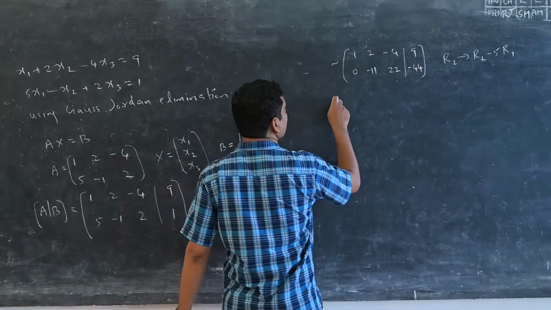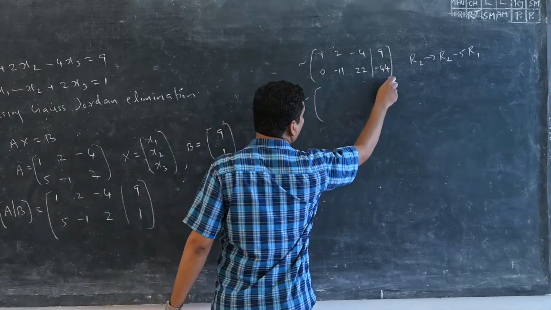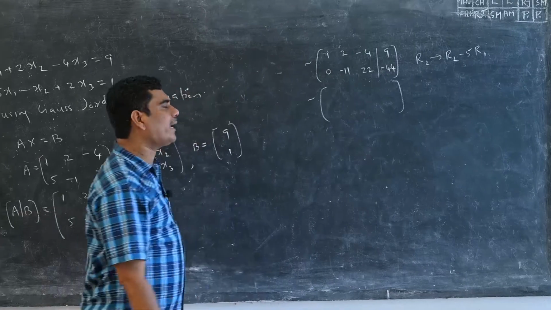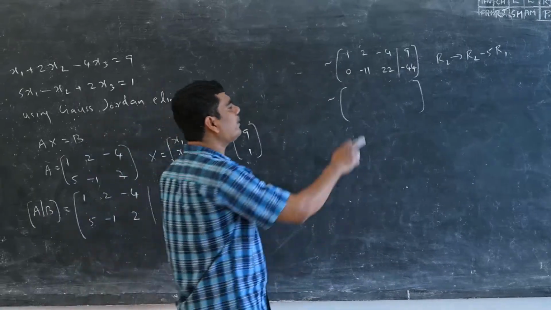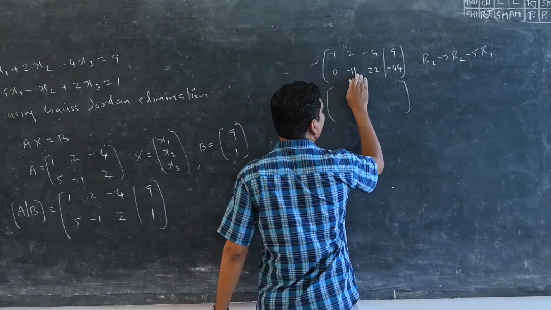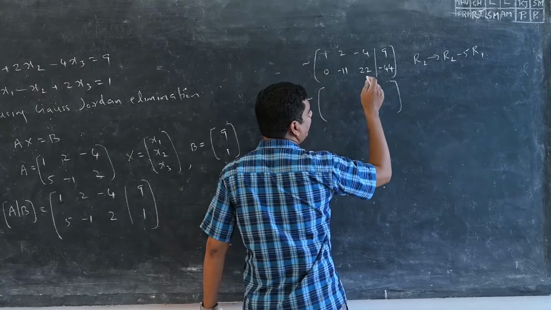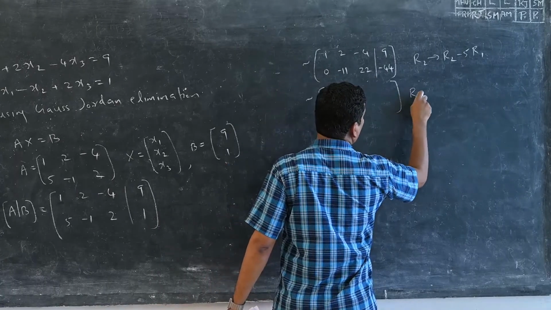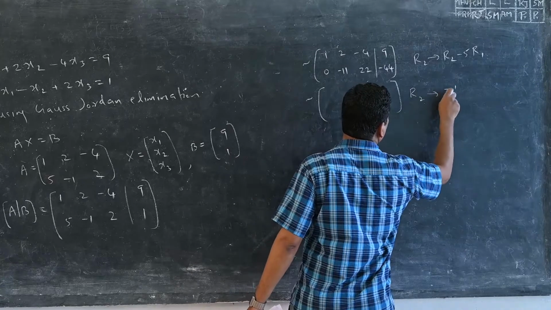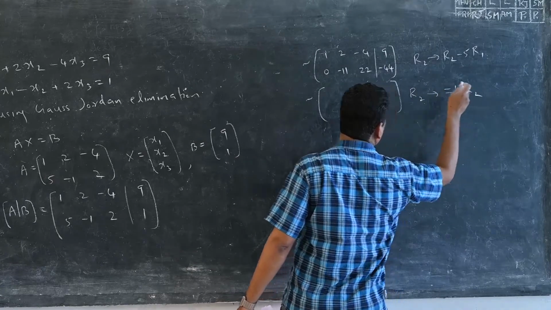Now come to the second row, take the first non-zero element and make that element 1. So we have to make this element minus 11 into 1. For that, we do the elementary row operation R2 goes into minus 1 by 11 R2.